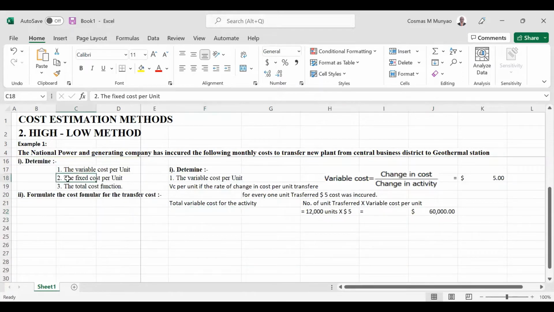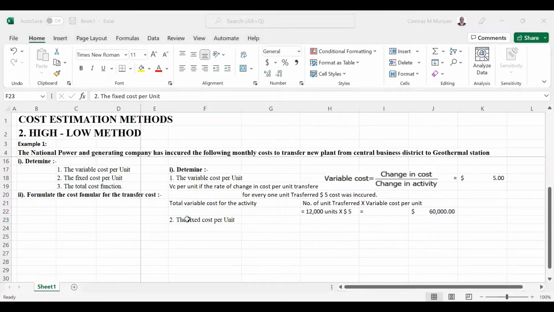Number 2, Roman 1, number 2 is to find the fixed cost per unit. What was the fixed cost per unit?